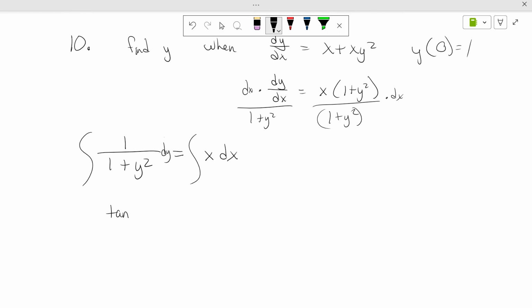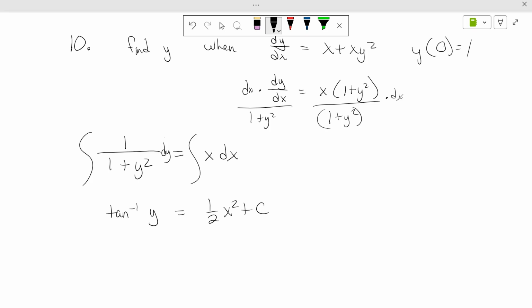So we have the inverse tangent of y equals 1/2 x squared plus c. So that whole thing just turns into tangent. Inverse tangent or arctangent, either way, is the same thing.